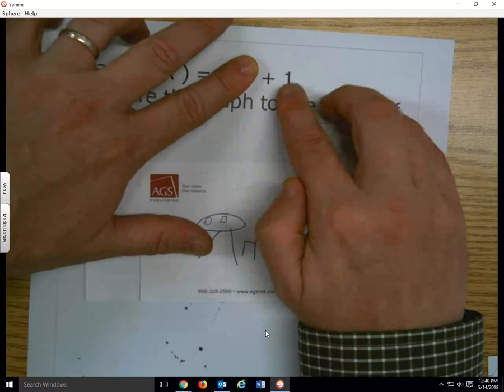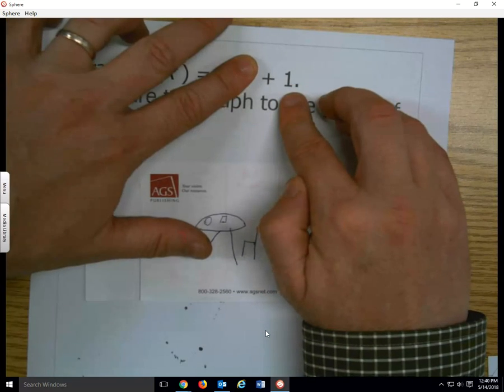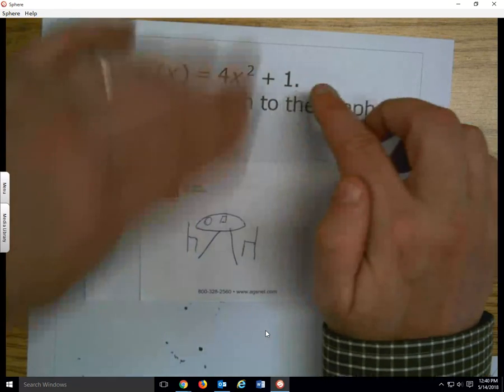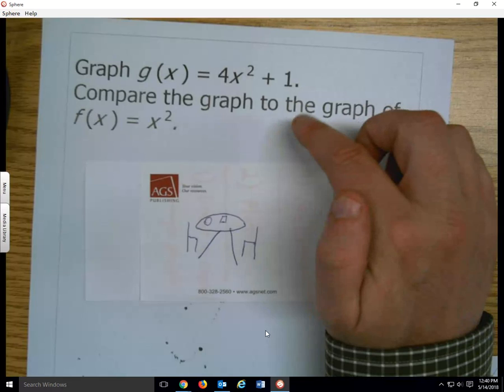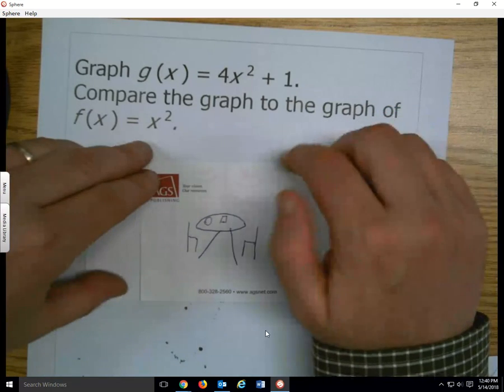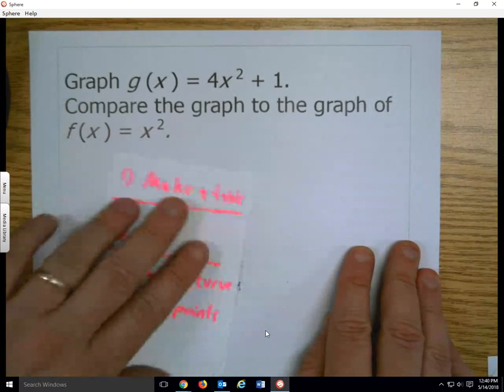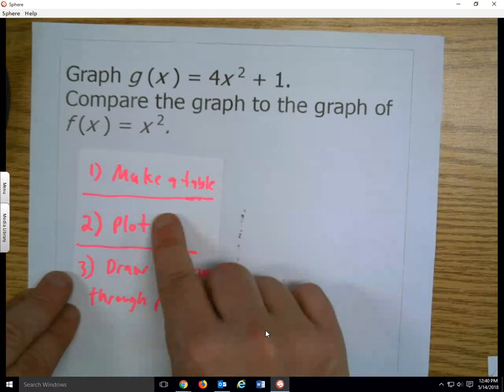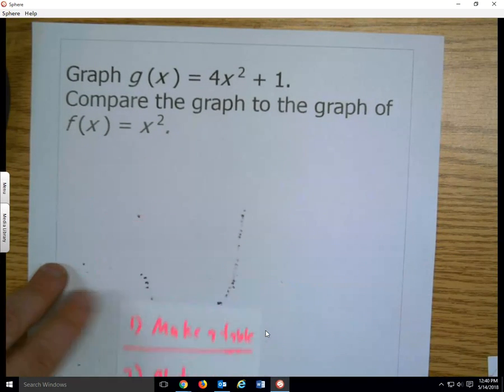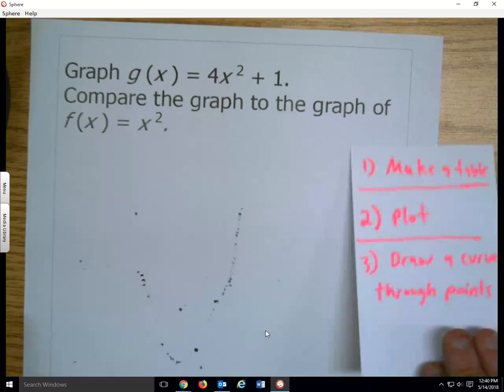We call the c value a k, by the way. It doesn't really change anything, and we do the same steps. What's the first step? We're going to make a table, plot the points, and draw a curve through those points. So the first step is to make a table. Why don't we do that?